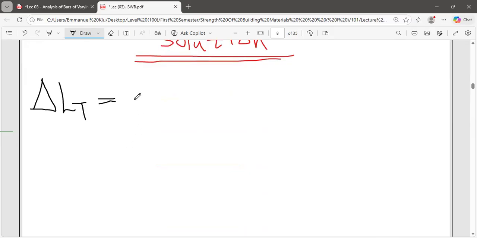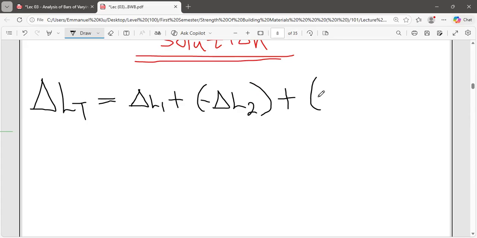So this is how our formula is going to look. The first one is the total change in length of section one, plus. Now because this one is in compression, I bring negative, total change in length of section 2, then plus another one that I bring the negative.